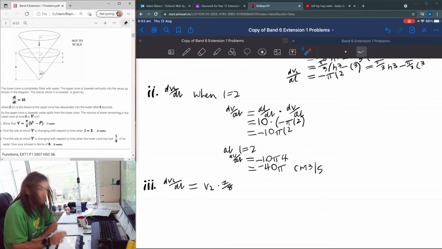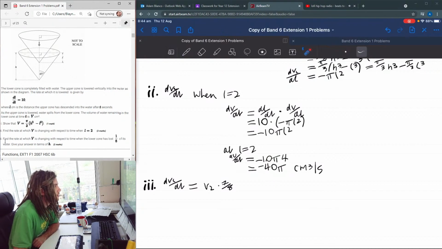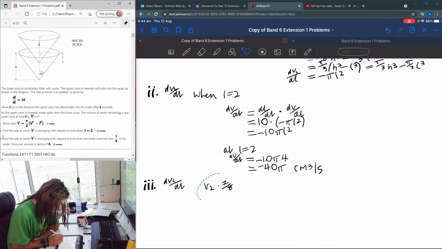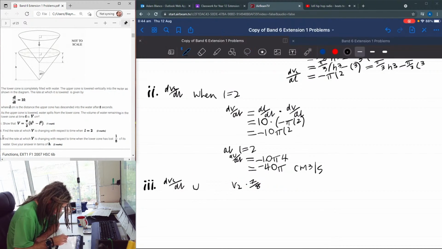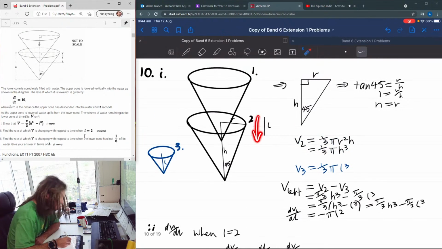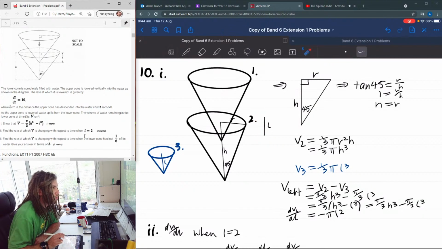Okay. Quick side note. I do want to find this. Hang on. So I need to know the time that happens. Find the rate that's changing with respect to time when the lower cone has lost 1/8. So what value for L, so what length downwards, would 1/8 of the water have come out?